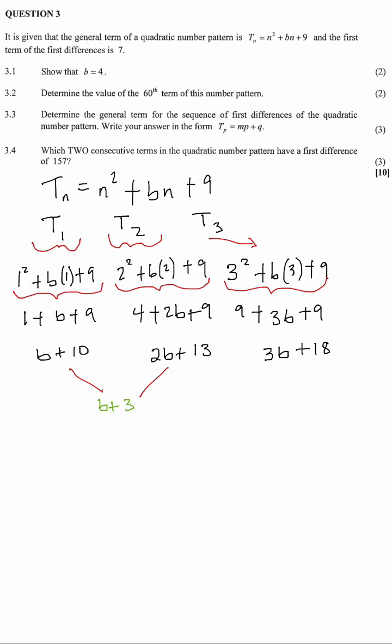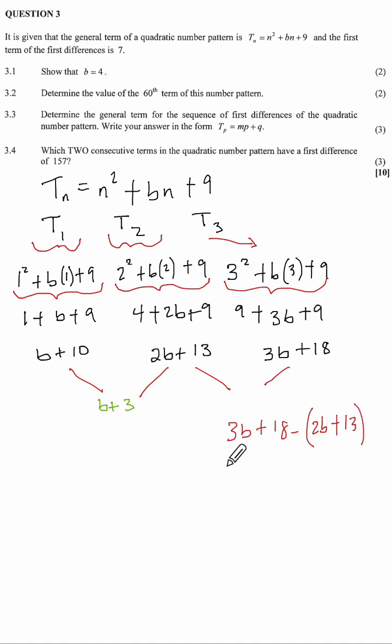And again, if I do the first difference for these two, so if I say 3b plus 18 minus (2b plus 13) in the same manner, let's just quickly do it. Again I have to use brackets so that everything is affected by the minus.